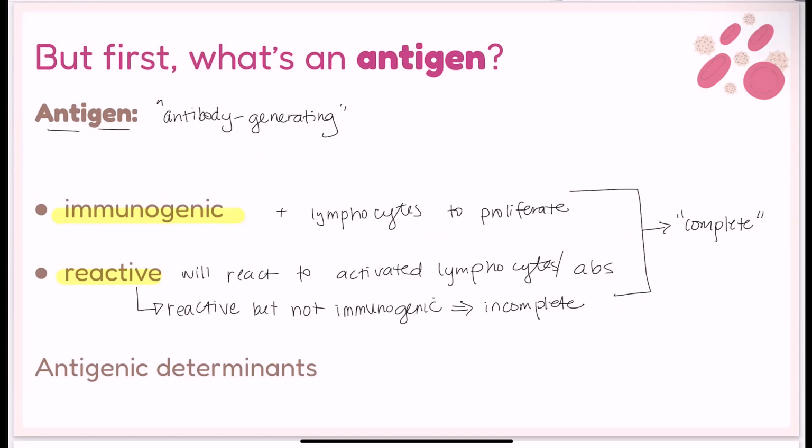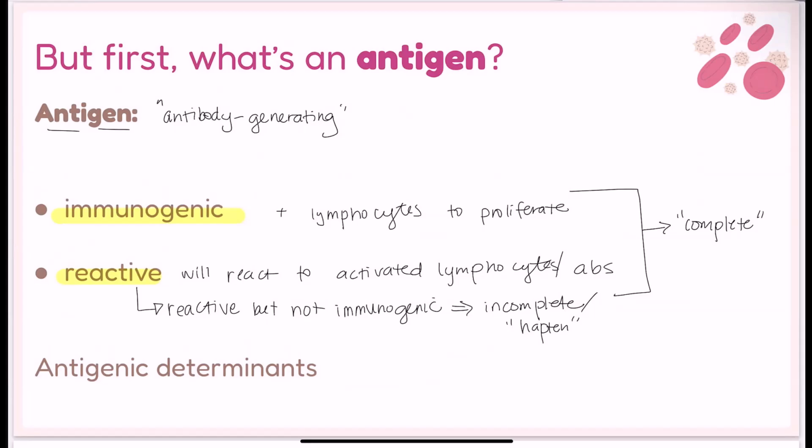So that would be an incomplete antigen. That little thing causing the issue would be called a hapten. It has reactivity, but it's not immunogenic on its own. And some examples are things like poison ivy, animal dander, detergents, makeup, these kinds of things.